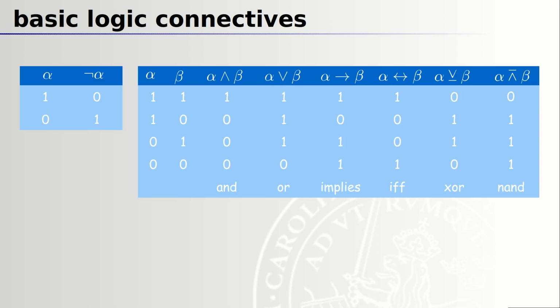Most other operators connect two propositions to form a new one. In that case, the truth table has 4 rows, 1 for each combination of truth values of the operands. The behavior of an operator can then be shown in a column in such a table, here for the operators logical and, or, the implication, the equivalence or if and only if, exclusive or, and the inversion of and.